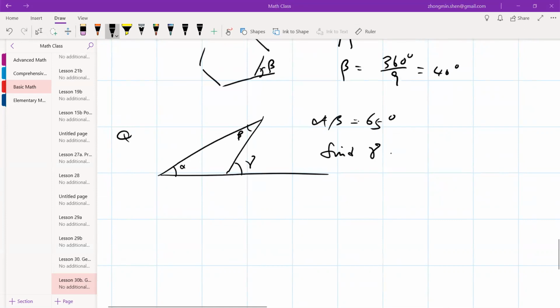Alan, do you have some idea to solve this problem? I'm talking about alpha plus beta, the sum of these two angles.